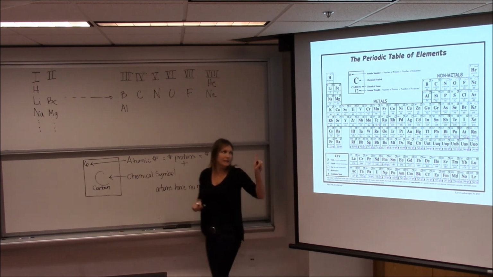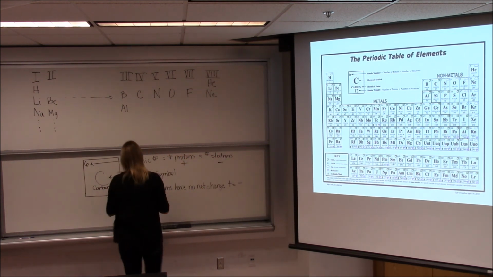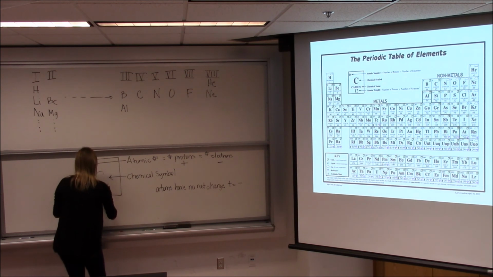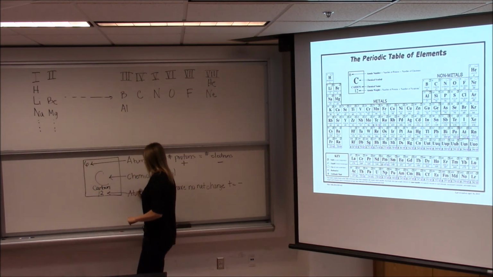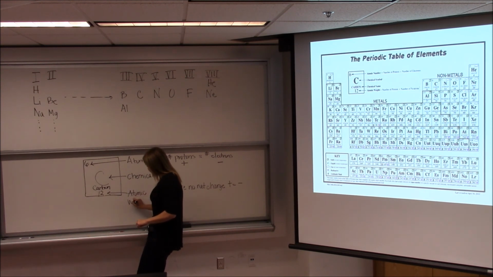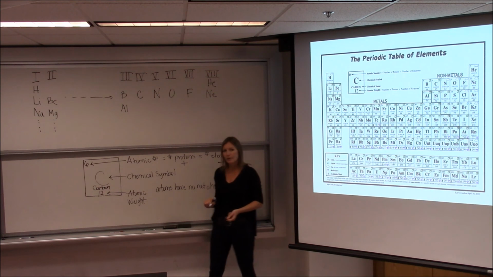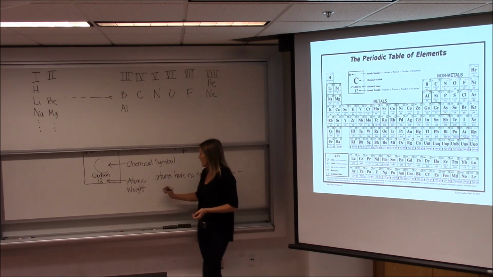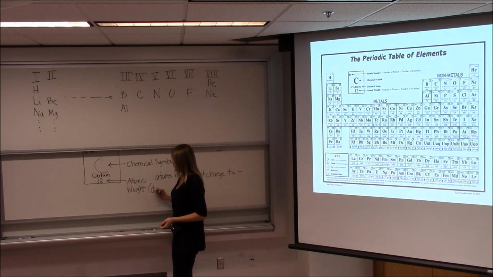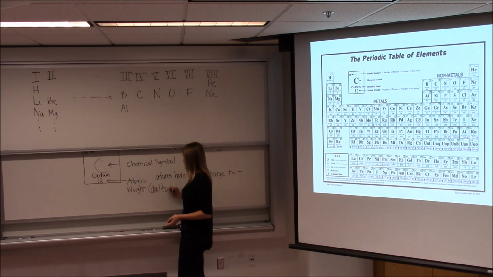Okay, and then lastly, at the bottom we have the atomic weight. And the units for that are not written on the periodic table, but the units for the atomic weight are Daltons.